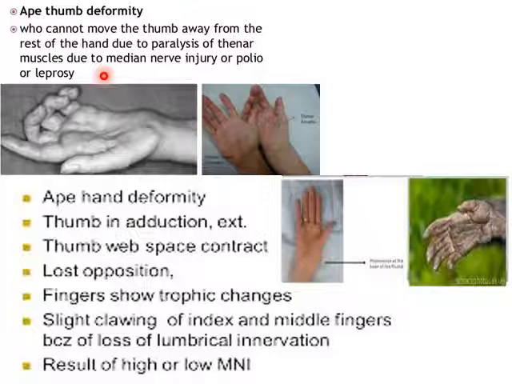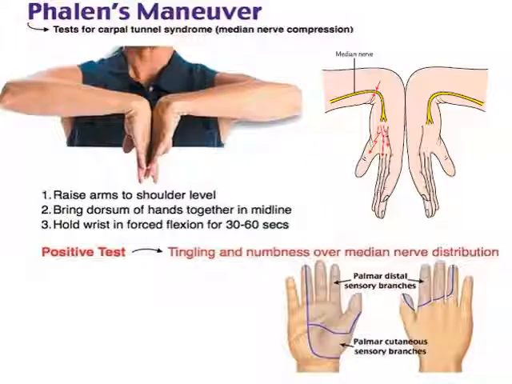Since these are all peripheral nerves, leprosy can also infect the median nerve. So this is how an ape hand can be seen. There is loss of abduction, the thumb is adducted, there is flattening of the thenar eminence, and slight clawing can be seen with the index and middle fingers, as you can see over here. So this is the ape thumb deformity that can be noticed.